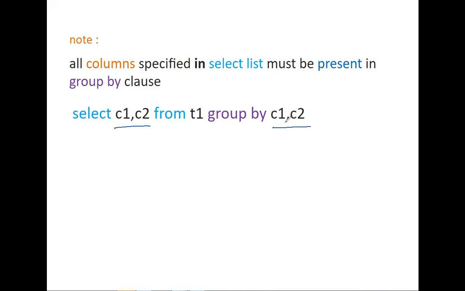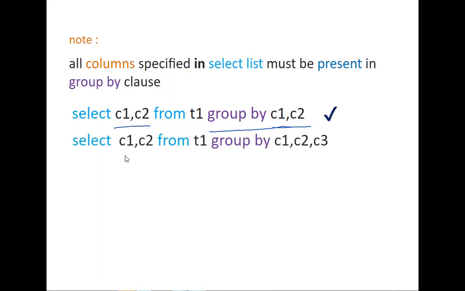C1 and C2 both are there in the group by list, right? So will it work or not? It will work. Clear? So in the select list, whichever columns are written, they should be there in the group by list. So this is a correct syntax.